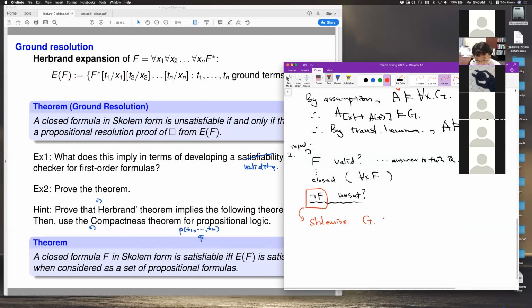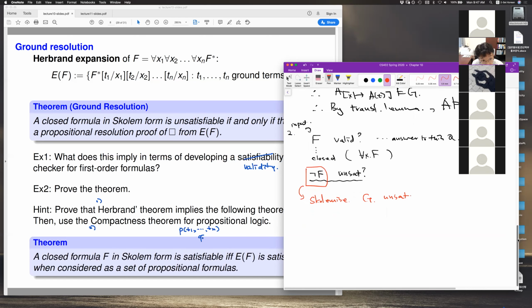If you do both of them, this entire process will preserve satisfiability. So if negation of f is unsatisfiable, then G is unsatisfiable and vice versa. So the original formula is unsatisfiable if and only if G is unsatisfiable. So then we have a Skolem formula G, which is unsatisfiable, and G is also closed.